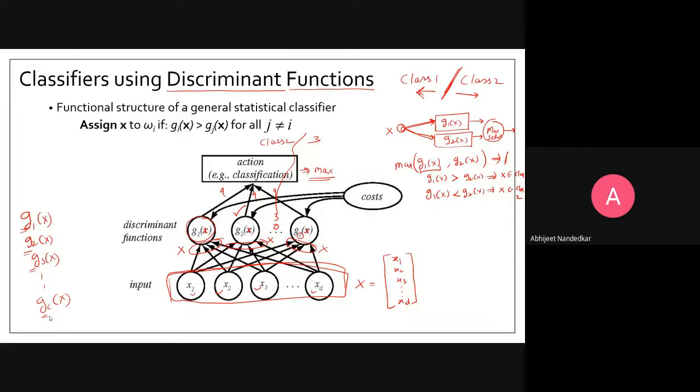But how do we find g1x, g2x and so on up to gcx? For this purpose, we are going to take help of Bayes again. Based on Bayes, we will find out all these functions.